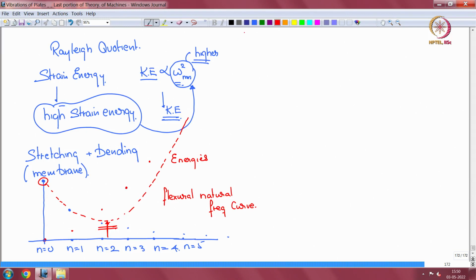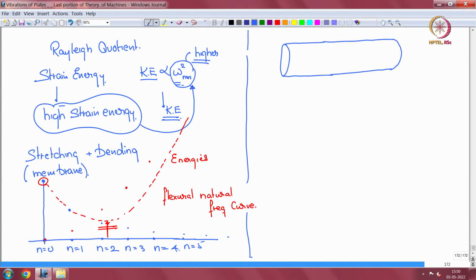Maybe along these lines I will tell you something practical. We have been at theory for a long time, so I will tell you something. If you have a long aspect ratio shell, that means the shell length is long compared to the radius, then the picture looks like this.